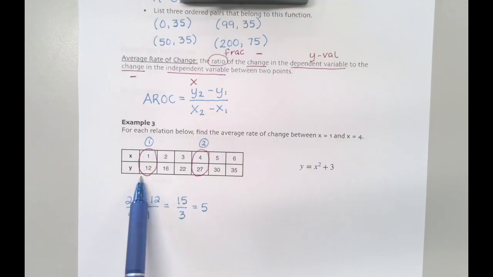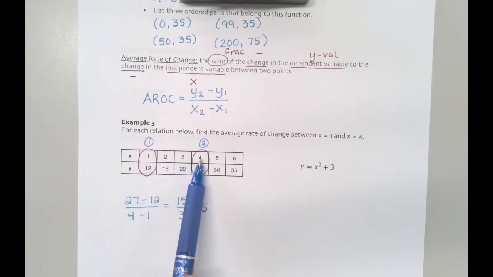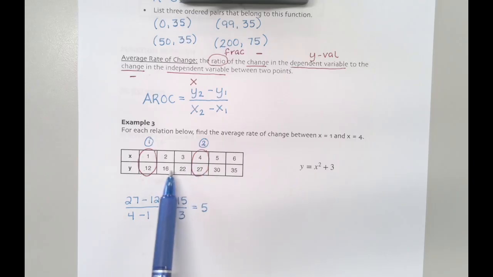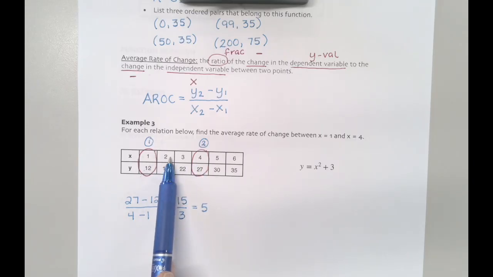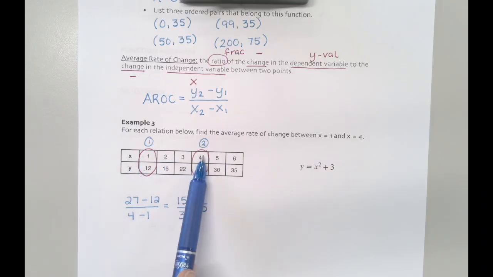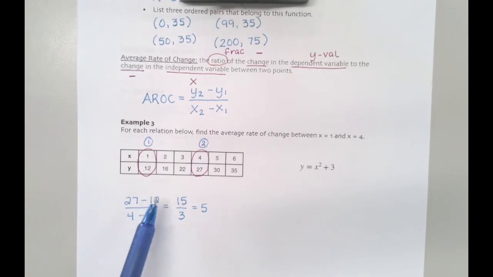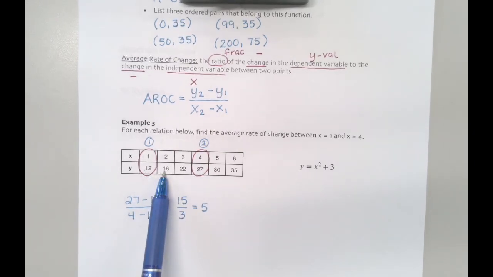What that means is if I were to look at these points on a graph, and I was trying to climb from this point up to this point, on average, I would have to go up 5 y values for every step I took along the x-axis. Now, is that actually happening? Well, if I jump from 12 to 16, I'm only stepping up by 4.